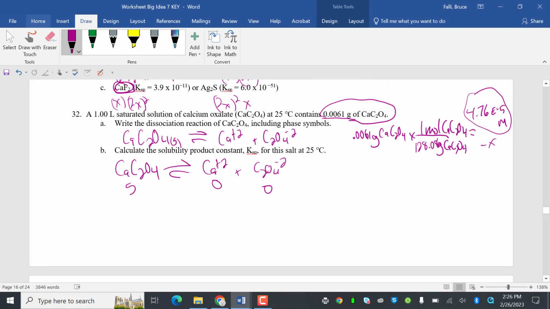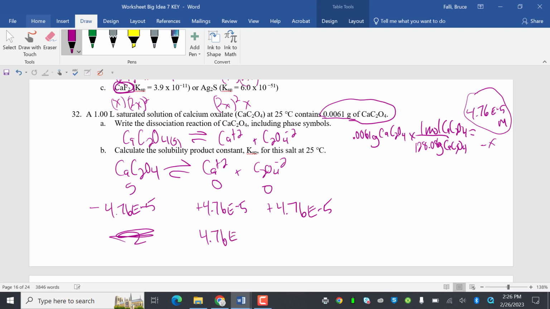I know my molar solubility is 4.76 E negative 5. So I'm going to lose that much there, and gain that much here, and gain that same amount here because I don't have any coefficients. I have coefficients of 1, but get the idea. I still don't care about this. 4.76 E negative 5, 4.76 E negative 5.